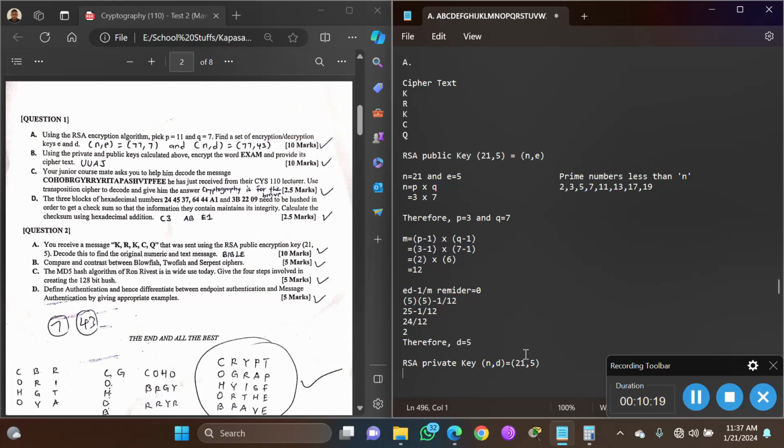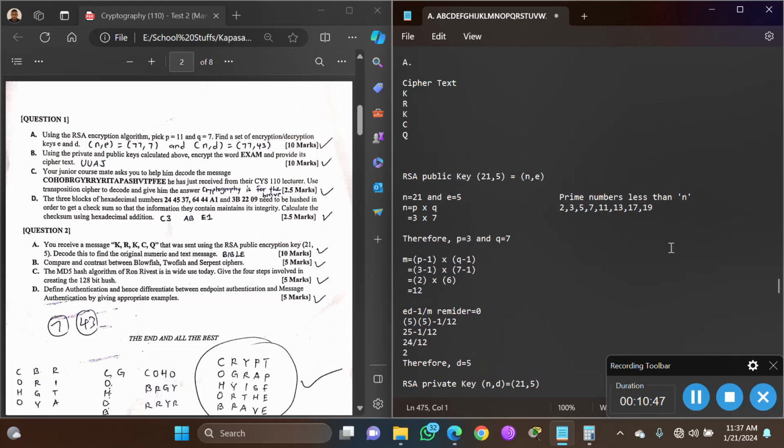So now we can follow up the question. Remember, we need to decrypt this KRKCQ using this key now, 21,5. So we need to list out the alphabet for it to correspond with certain numbers. Okay, so let's do that now.